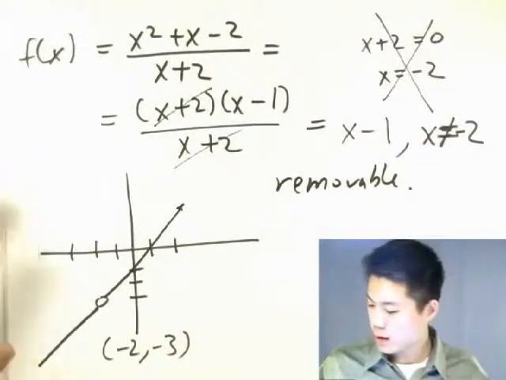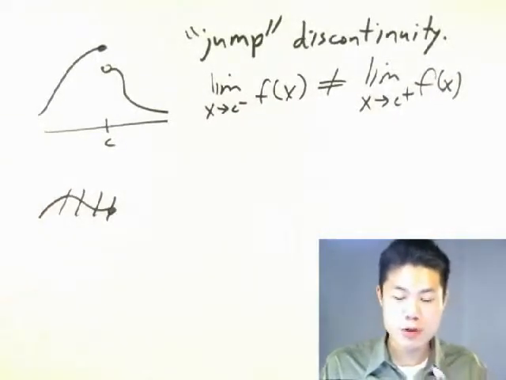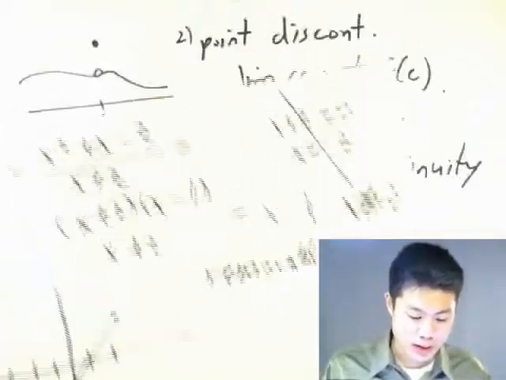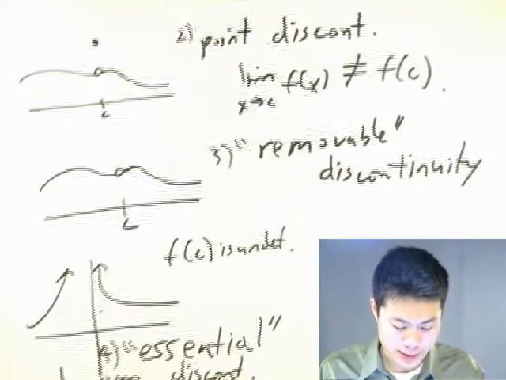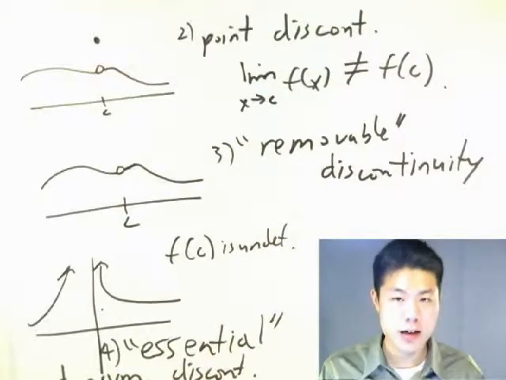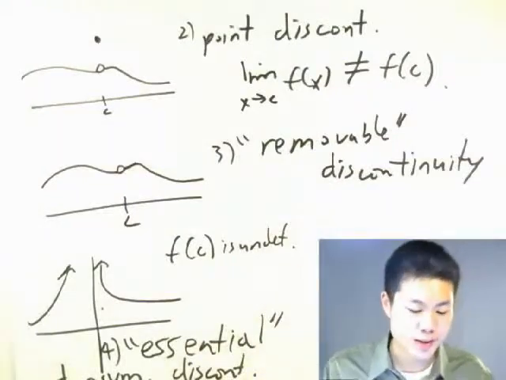And all the other kinds of discontinuities are non-removable. This one's non-removable, nor is a point discontinuity, nor is an essential discontinuity. So the other three types of discontinuities are non-removable. Only this type is removable.